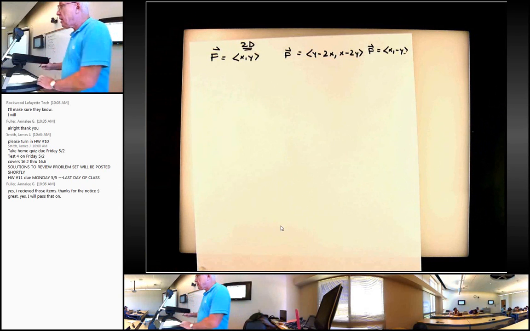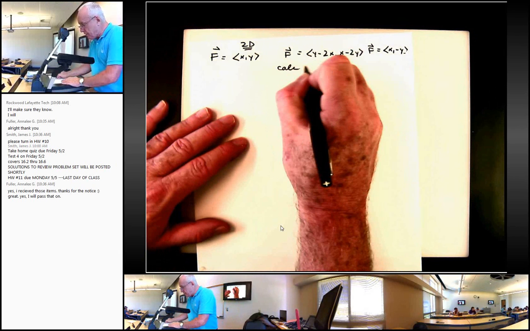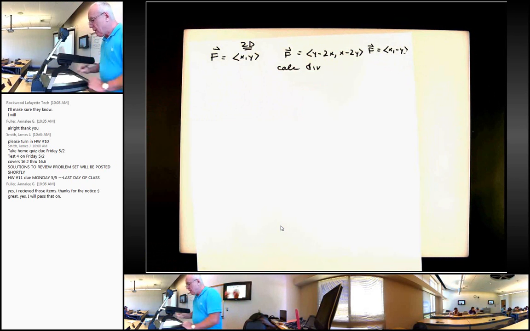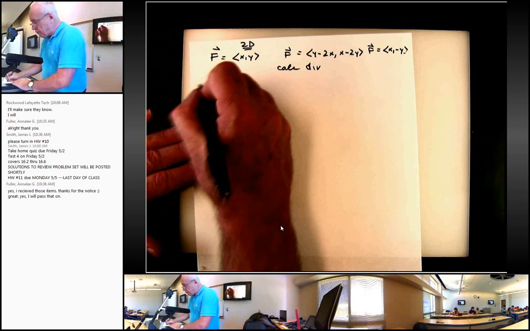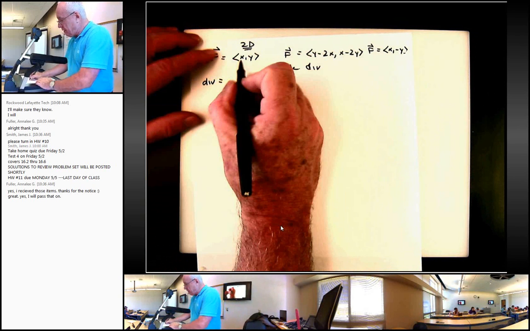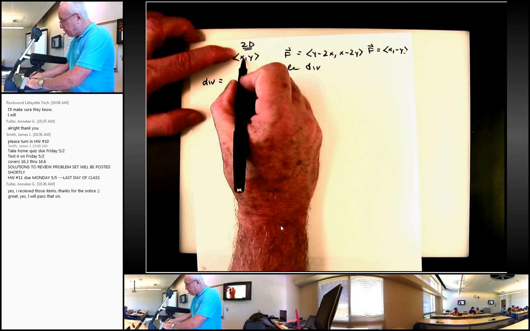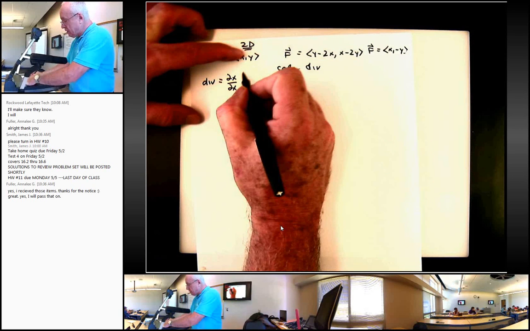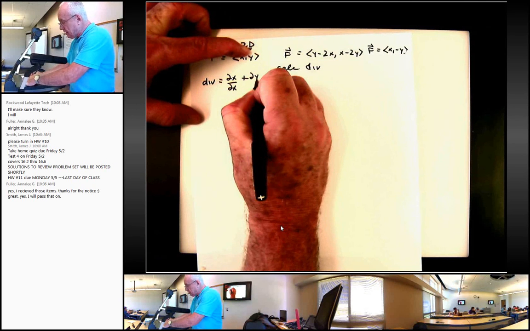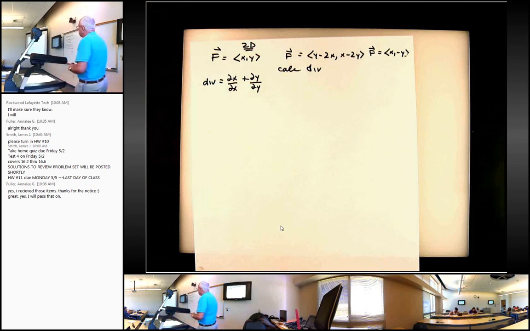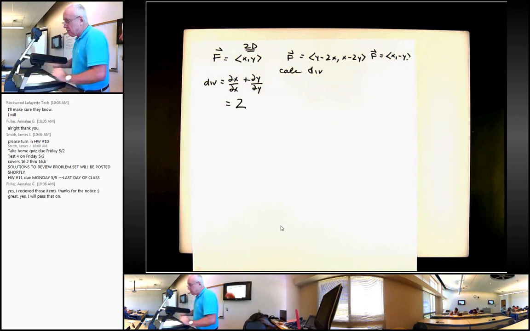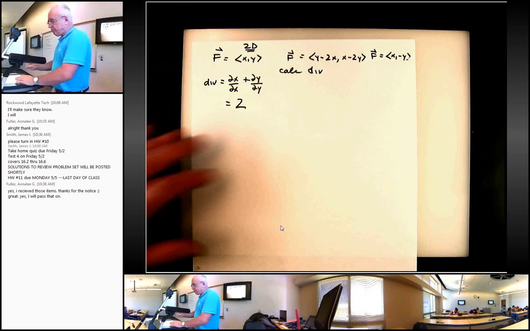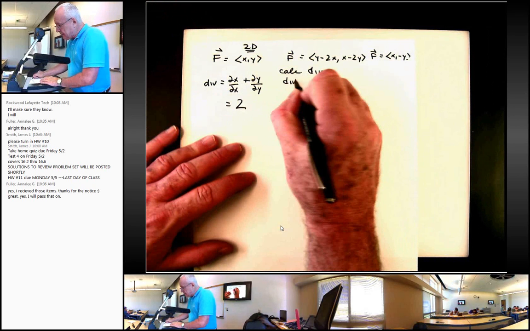All right, let's calculate the div for each one of these. For the first one, the div of f is the partial of the first one with respect to x, that's 1, plus the partial of the second one with respect to y, that's 1. So 1 plus 1, the div is 2. Let's look at the second one.